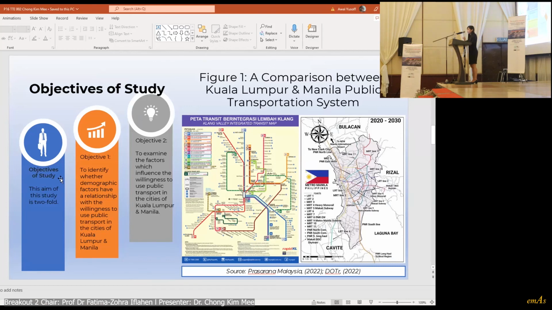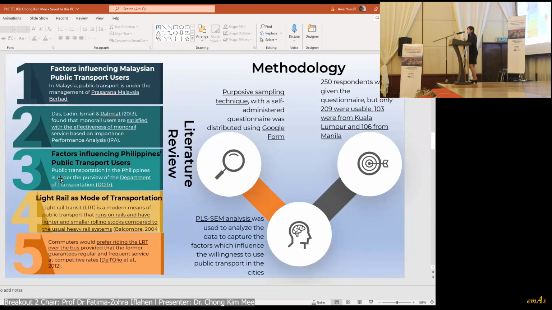Looking at the factors influencing Malaysian public transport users, there will be slight differences between these two countries: LRT and MRT, while in the Philippines they use some others, like small transportation in their country. In view of the differences here, we will look into the methodologies.